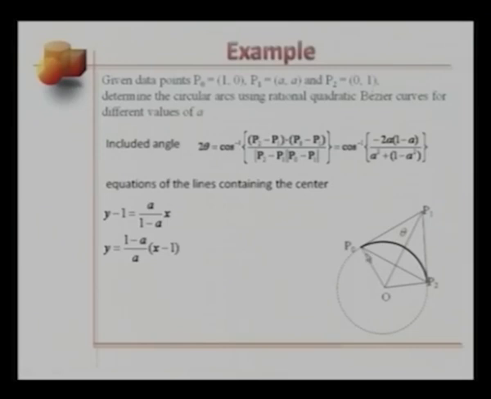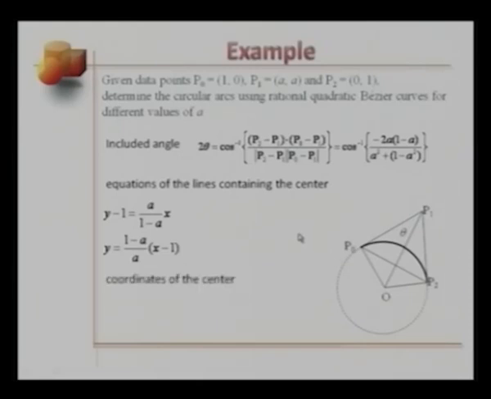How would you get the equation of this line? Notice that OP0 is perpendicular to P0, P1, and you would already know the equation of this line because you know the coordinates of P0, which are (1, 0), and P1, which are (a, a). The slope of OP0 is minus 1 over the slope of P0, P1.